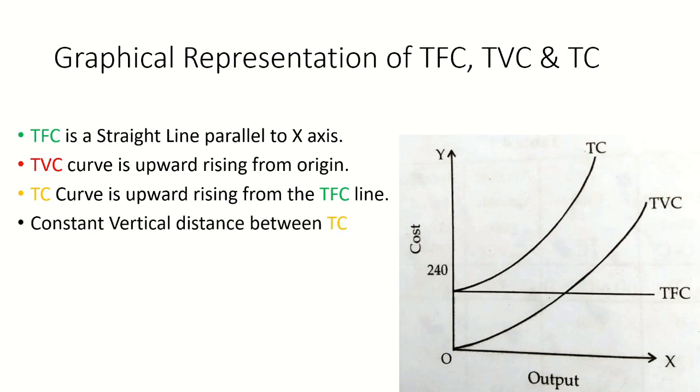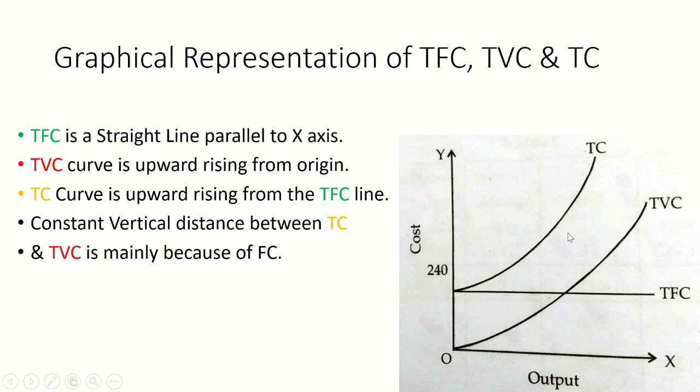And we can see a constant vertical distance between the TC and TVC. It's only because of FC. So due to this FC, we can see the constant vertical distance between the TC and TVC.